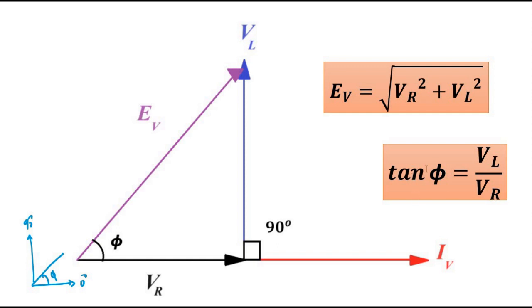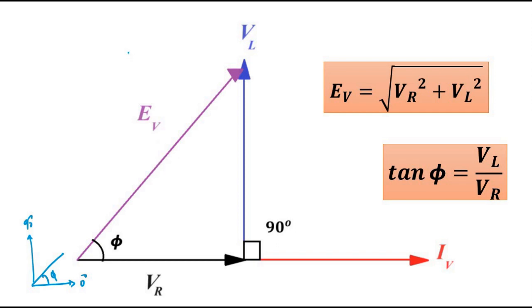Here I am using tan, which is VL by VR. Phi is equal to tan inverse of VL by VR. Now if we divide the current in all of this, this is called the voltage triangle.